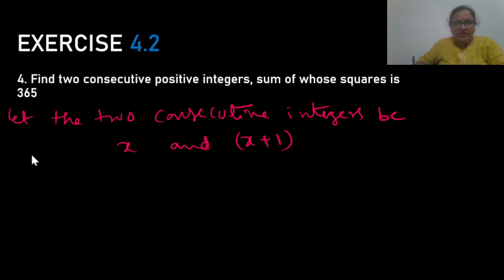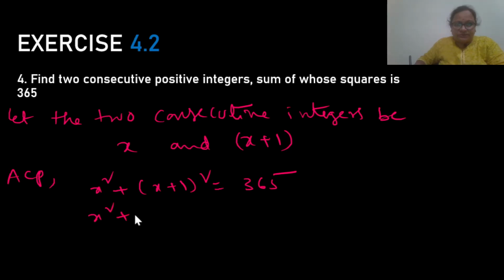Sum of whose squares is 365. According to the problem, sum of whose squares, so x square plus x plus 1 whole square is equal to 365. x square plus x plus 1 whole square is nothing but a plus b whole square. x square plus 2x plus 1 is equal to 365.